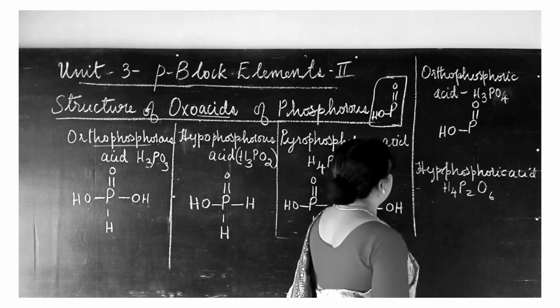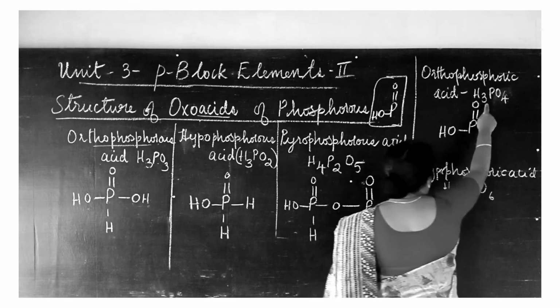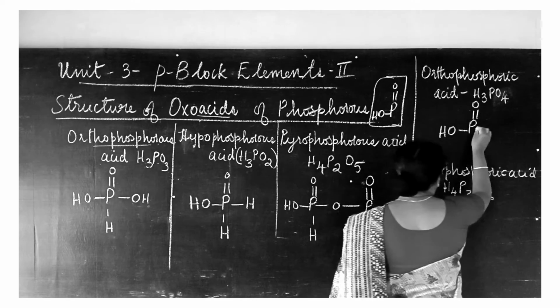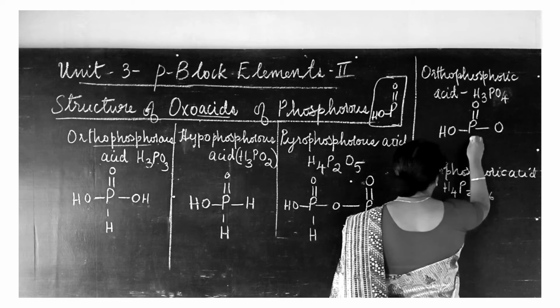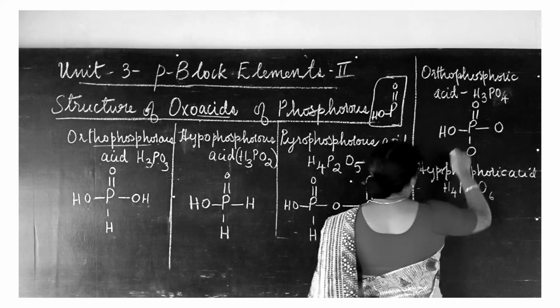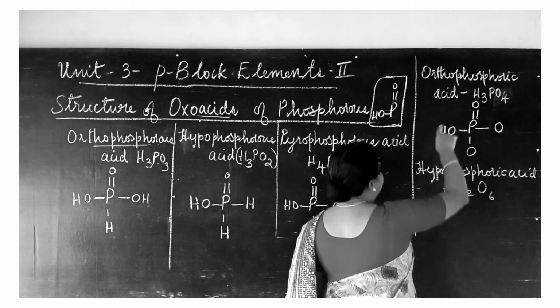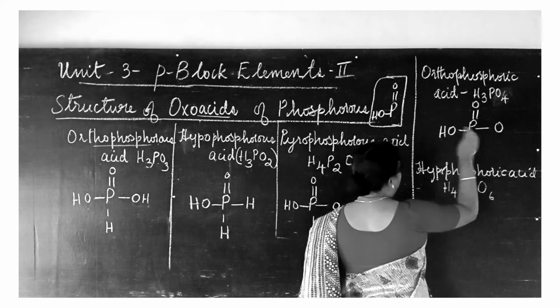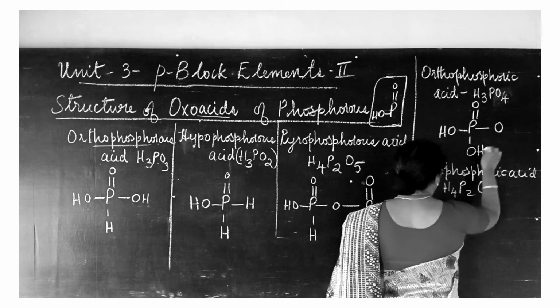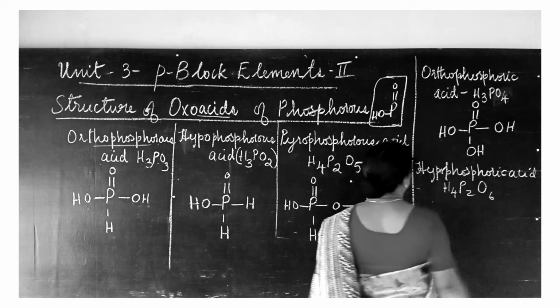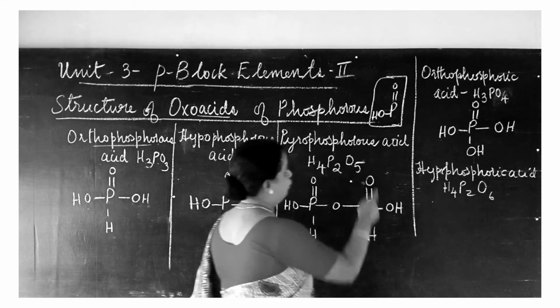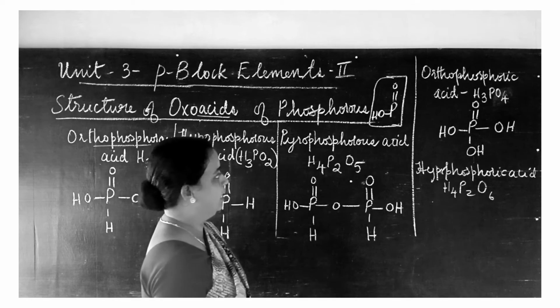Yes, now there are 4 oxygen atoms, so 2 are here, so one more oxygen atom I place over here and another one I place here. Okay, now how many hydrogen atoms are left over? There should be 3 hydrogen atoms, but only one is here, so another hydrogen atom I place over here, another one here. Okay, so that's the structure for your orthophosphoric acid.